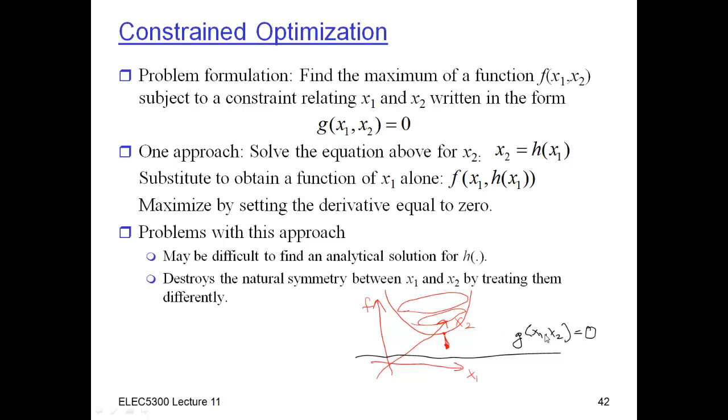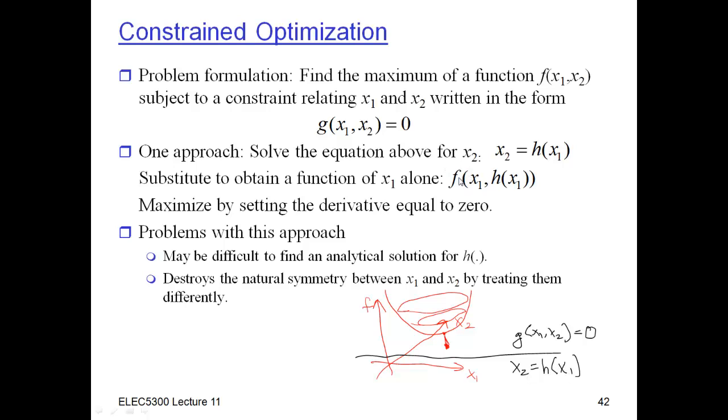So maybe I can solve it and write it in this form: x2, in this direction, is just a function of x1. So this is some function h of x1, and now I know what x2 is if I know what x1 is.